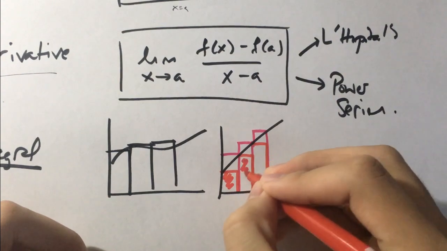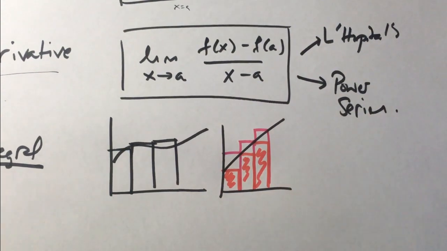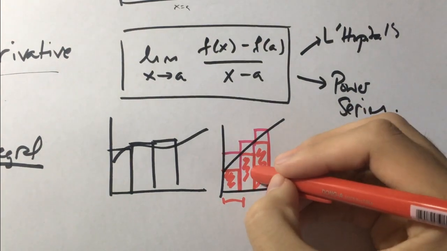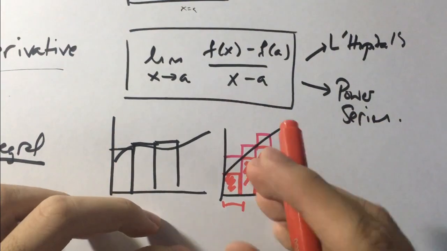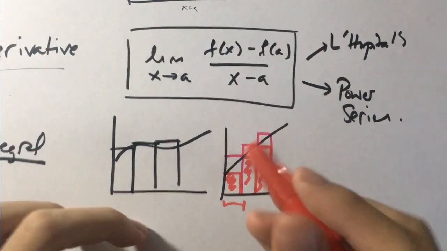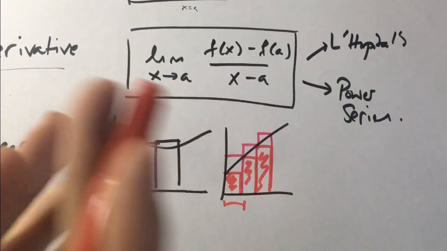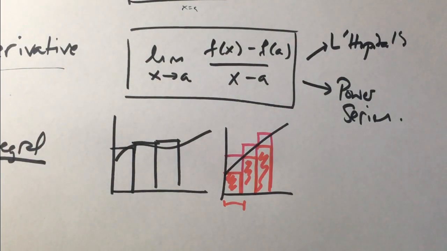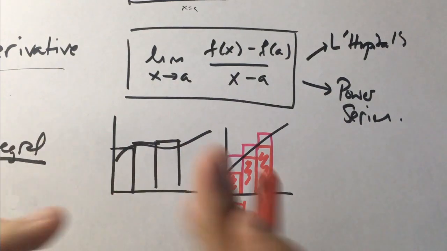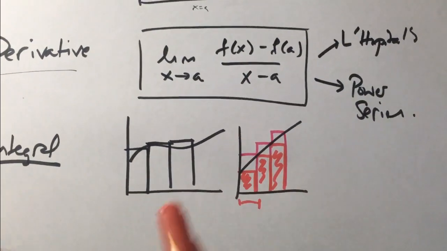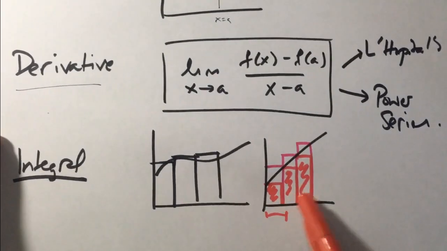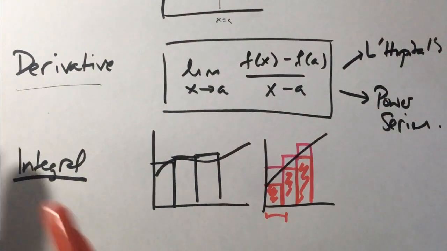This is the smallest box, the pink one is the biggest box. But as you make the boxes finer and finer, the areas you add up become closer and closer together. If they eventually go to the same number, it means the integral exists. Basically, that's what an integral is.